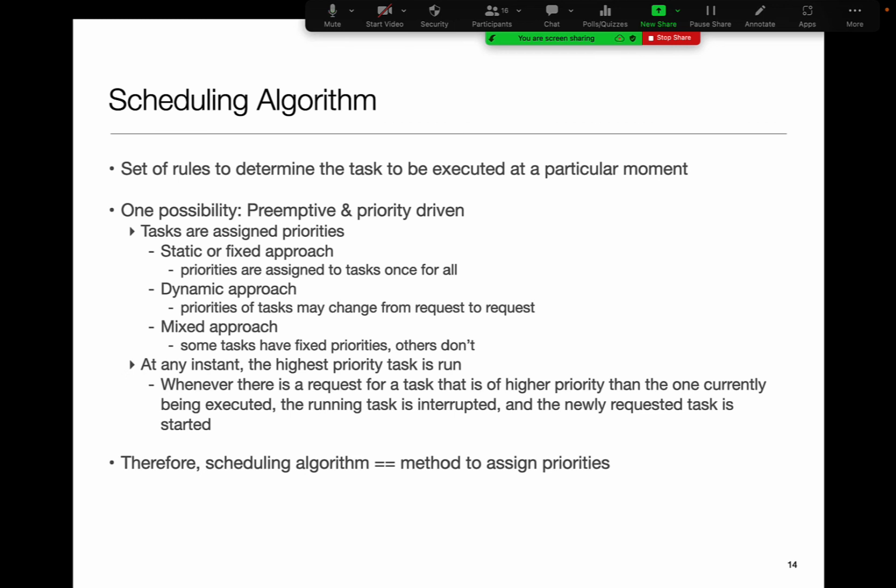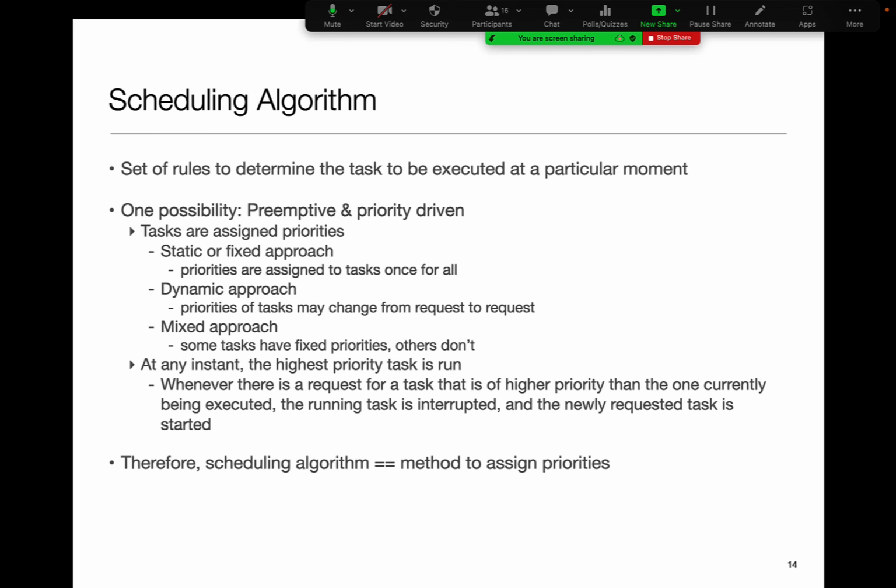This priority given to a task can be static, that is, at compile time I decide forever that the sensing task has highest priority and the radio task has the lowest priority. I can decide that ordering up front and keep it fixed, or I can do it dynamically at runtime on some basis. So relative priorities of tasks may change depending upon some algorithm that I have.